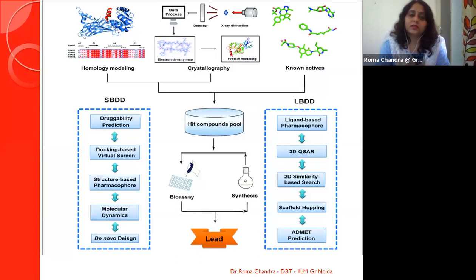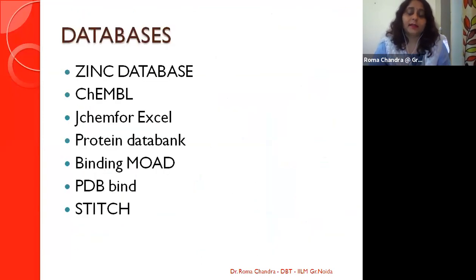All this will be studied under the ADMET properties, considering what percentage is bioavailable, that is, reaching the target site, what about the amount that is being excreted from the body, and whether it is leading to any kind of toxic effects. All this will be there when we are going with the process of LBDD. Okay, so that was ligand based drug designing.